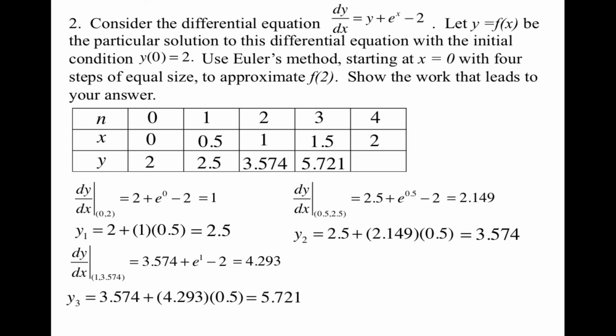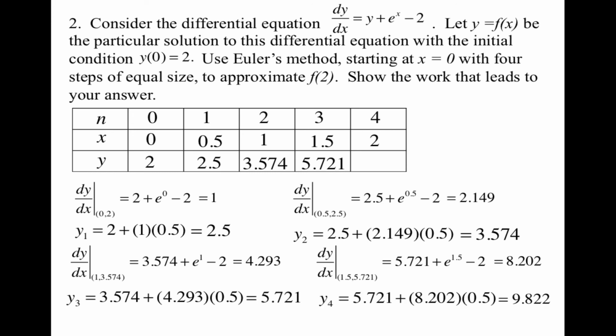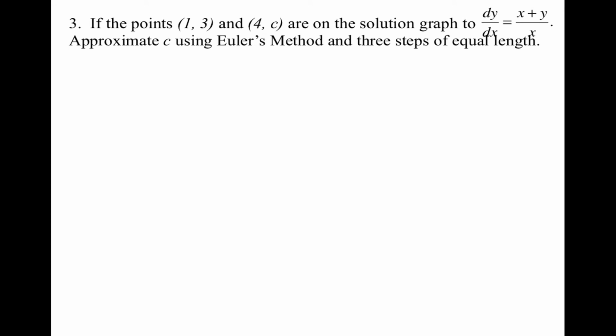And then my last time, find the slope, which is 8.202, and find the final y value, 9.822. So this tells me that on the particular solution to this differential equation, my approximated y value when x equals 2 is 9.822. All right, now let's see how we did on number 3.